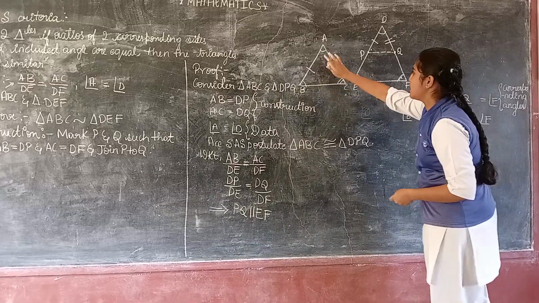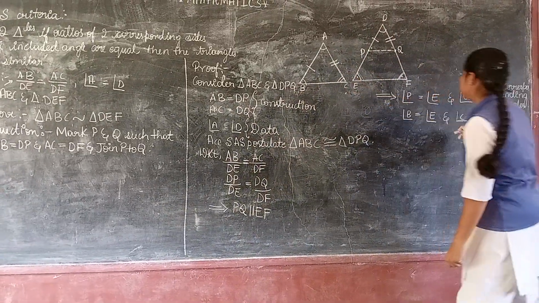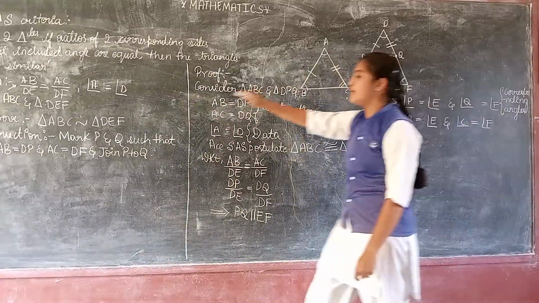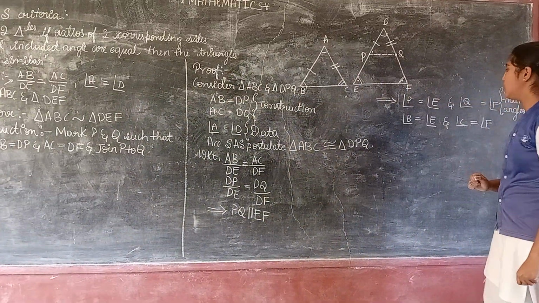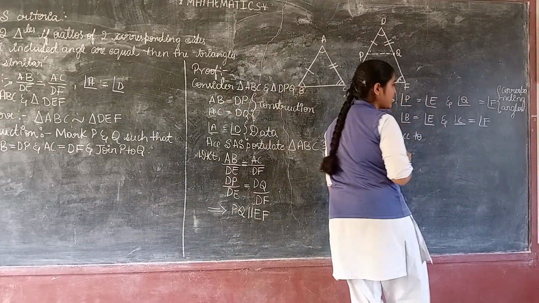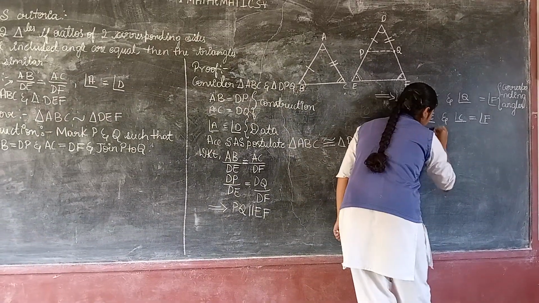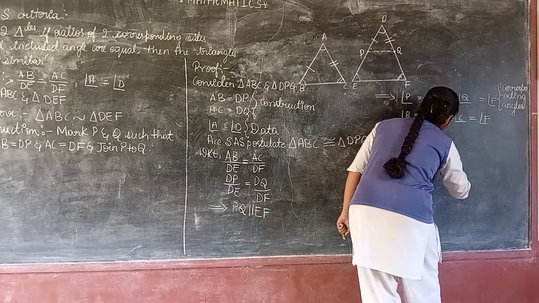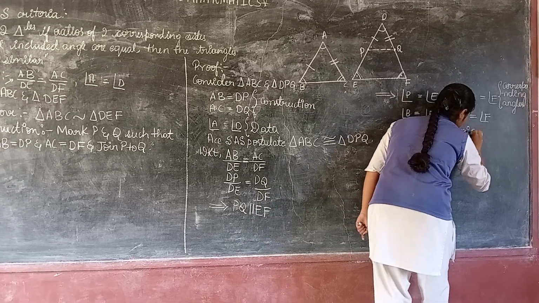This means in these two triangles, three angles are equal. One angle we had written in the data, and the rest two angles we have proved are equal. Now, according to which criteria? There are three angles, so AA criteria. Which triangle?